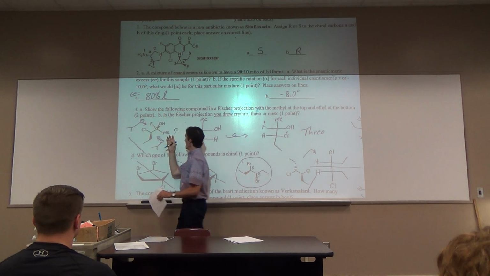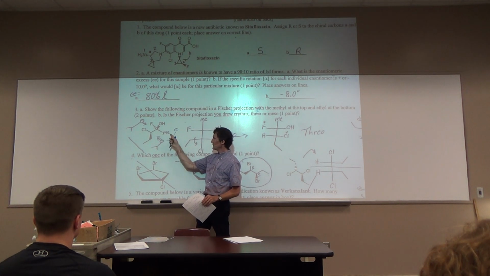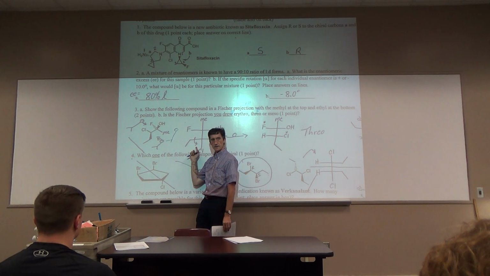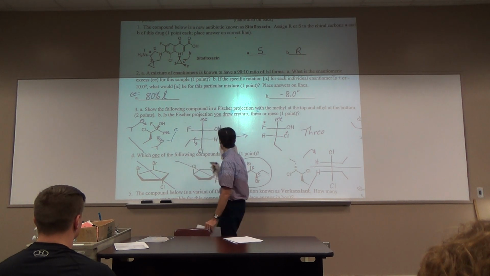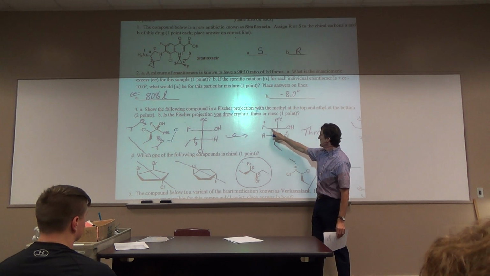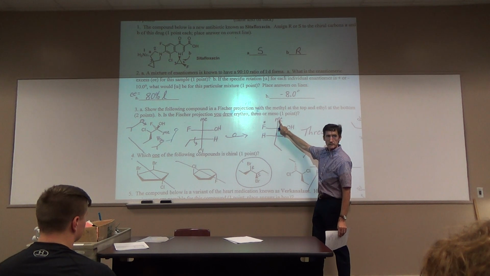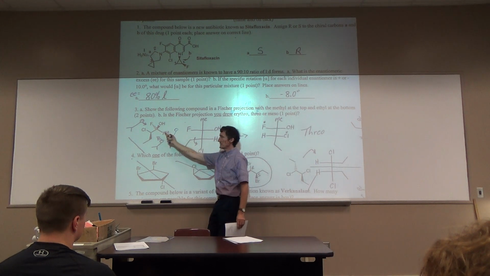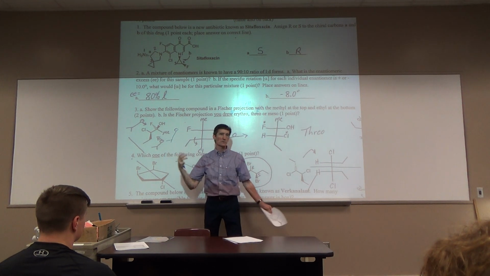If you said the mouth was coming towards you, you put the OH on the right? No, I put it on the left. Yeah, but you drew it like this. But you drew it as if the mouth was going away from you. Yeah. But you looked at it with the mouth coming towards you. That's where you messed up.